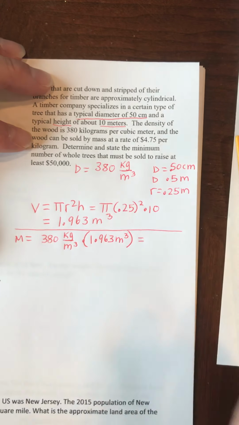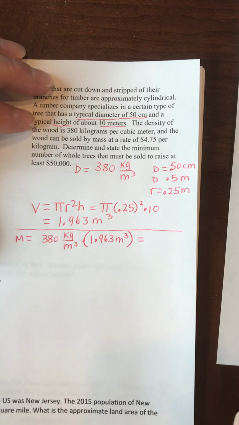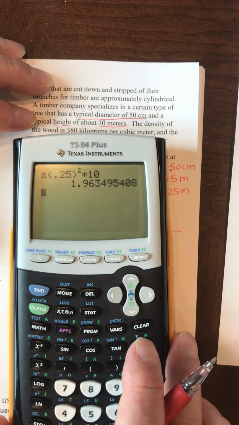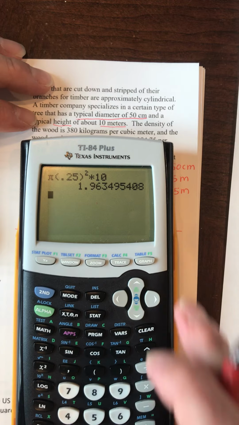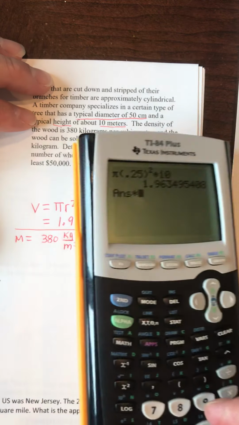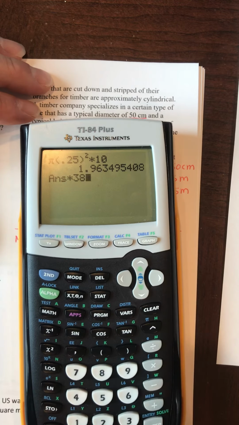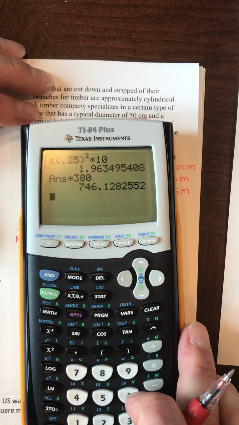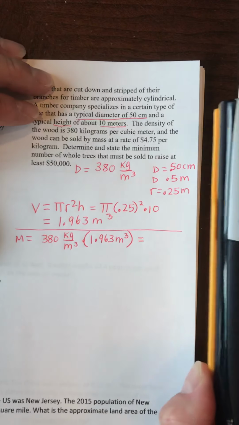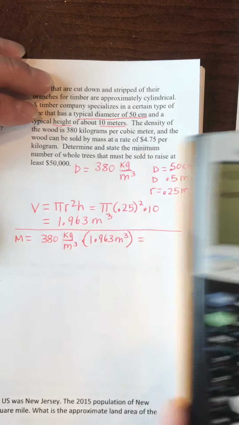And that's going to give us our mass of one piece. If you use the number you had already, then you're not rounding anymore. It's going to give you more of an exact number. So I got 746.128 kilograms.